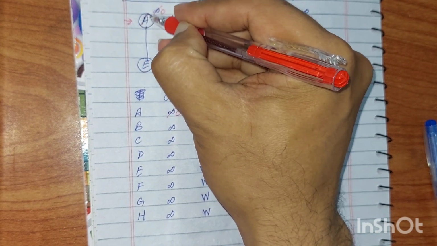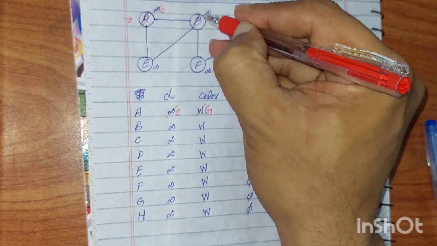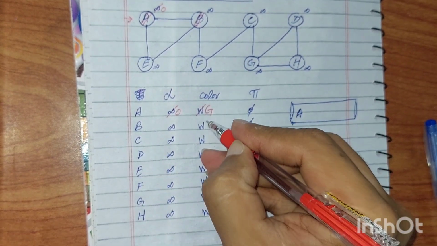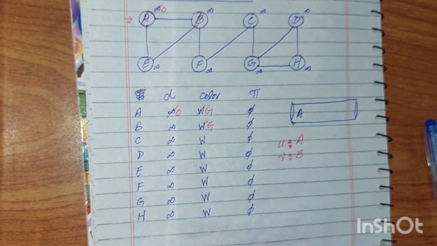So we mark it as gray. The color of B is now gray.